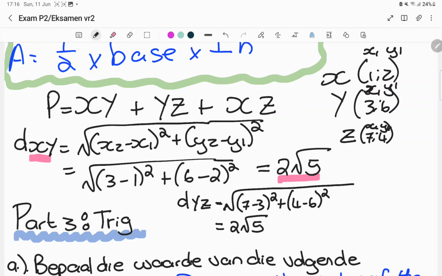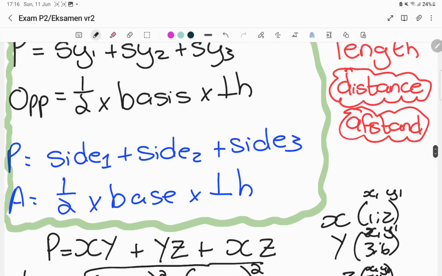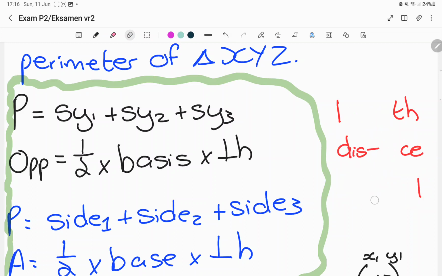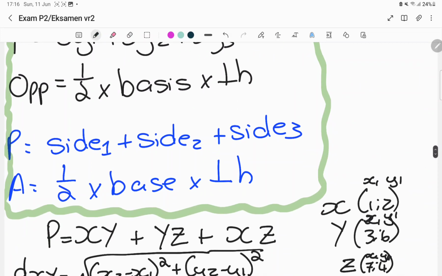Alright, so the last one I want to work out. I did XY, I did YZ, so I still need to get the distance of XZ. Alright, I'm just going to do it up here because I'm running out of space. Alright, so we want to get the distance of XZ. Alright, so it will be the square root.